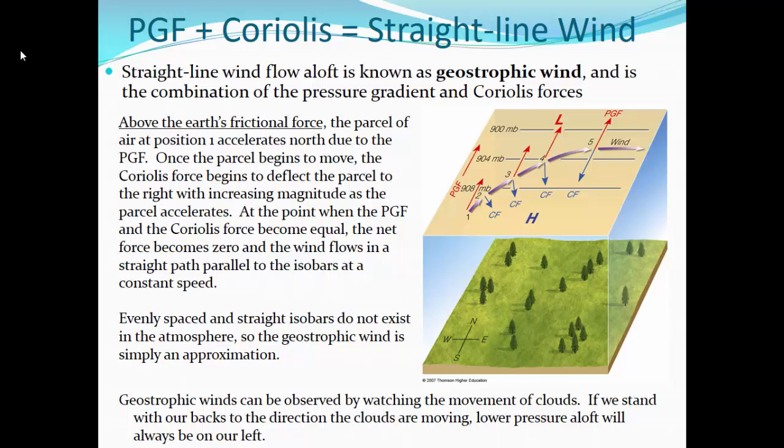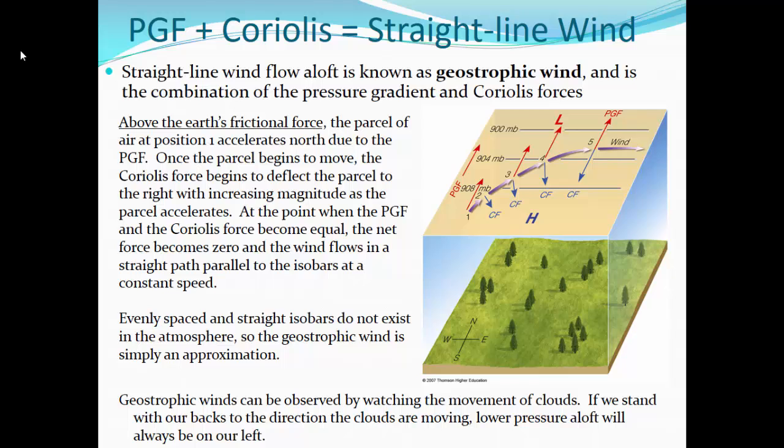And then as that parcel continues to be pulled to the right, the Coriolis force increases as the wind speed increases until ultimately at position 5, the Coriolis force is due south, the pressure gradient force is due north. Those forces cancel each other out and the wind blows in a straight line between the isobars.